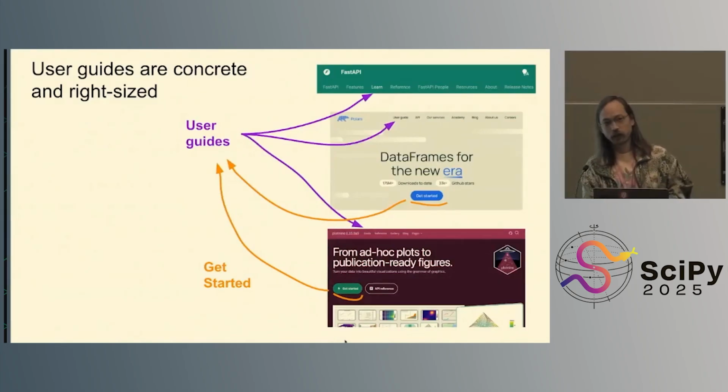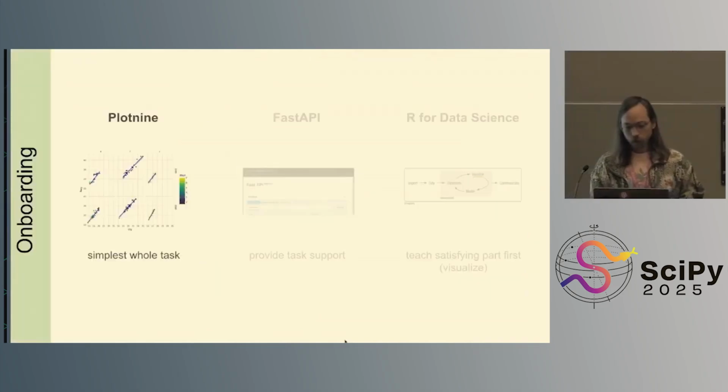And my hope in this talk is to lay out the two key pieces to focus on for getting a user guide right. So the first one I'll talk about is onboarding. So for example, we showed what I'd call a simplest whole task with Plot9.